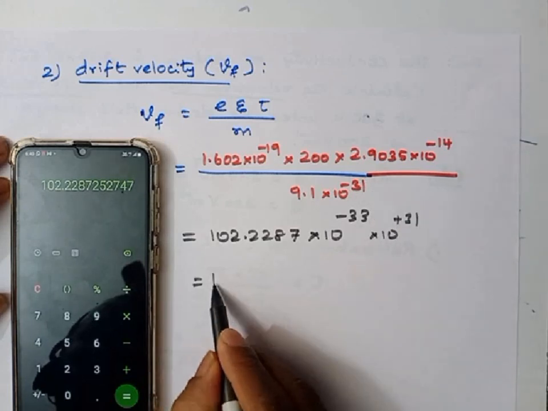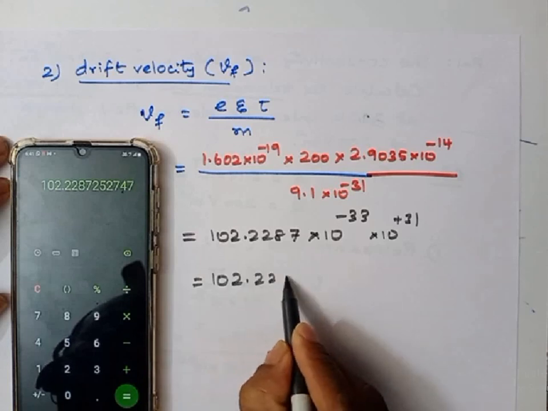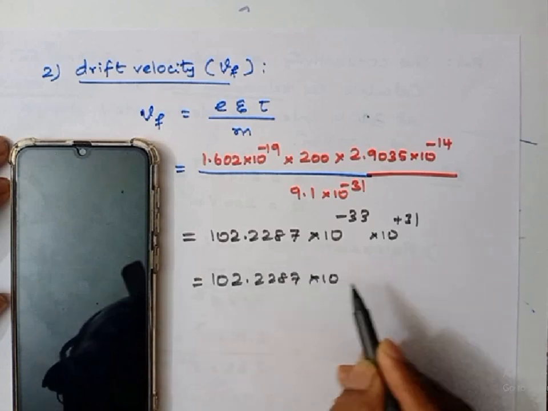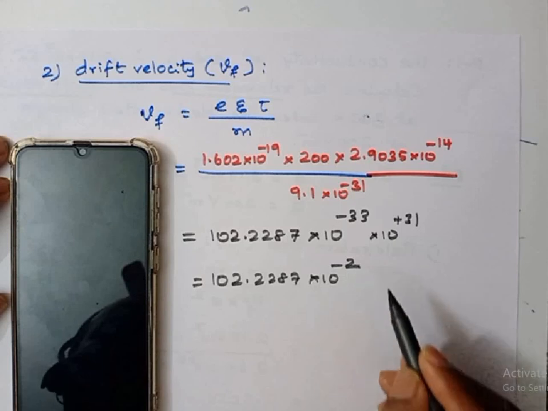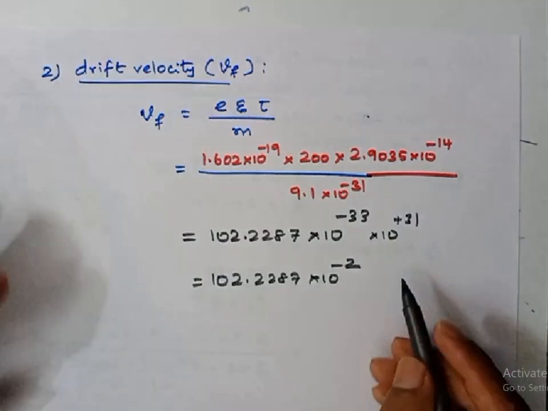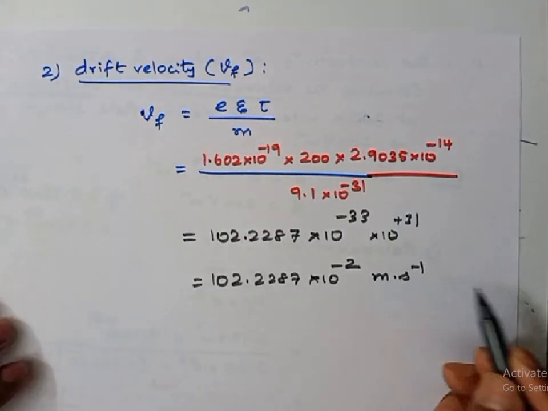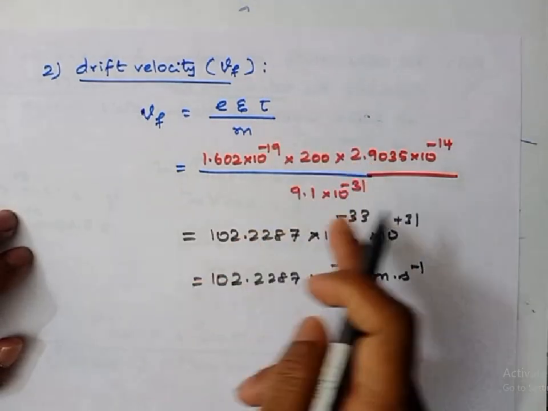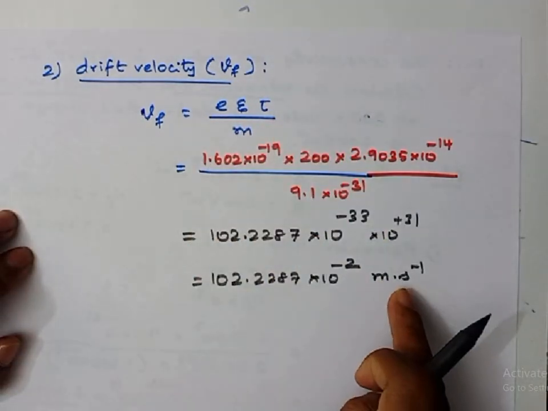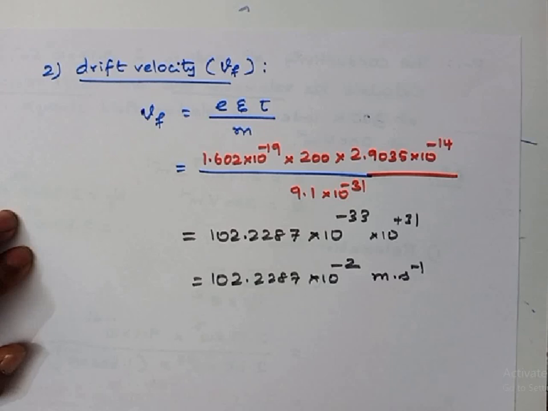So what we get is 102.2287 into 10 power minus 2 meter per second. Because we are substituting the values in SI units, you will get the velocity also in SI unit. Clear?